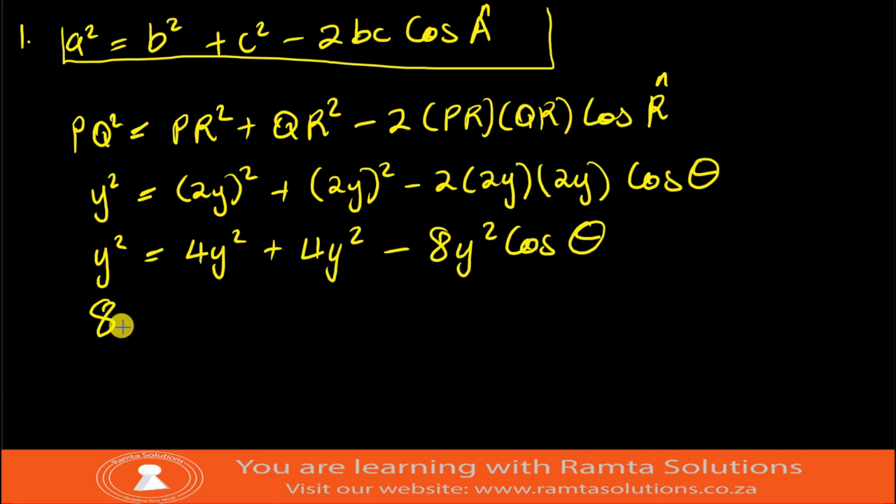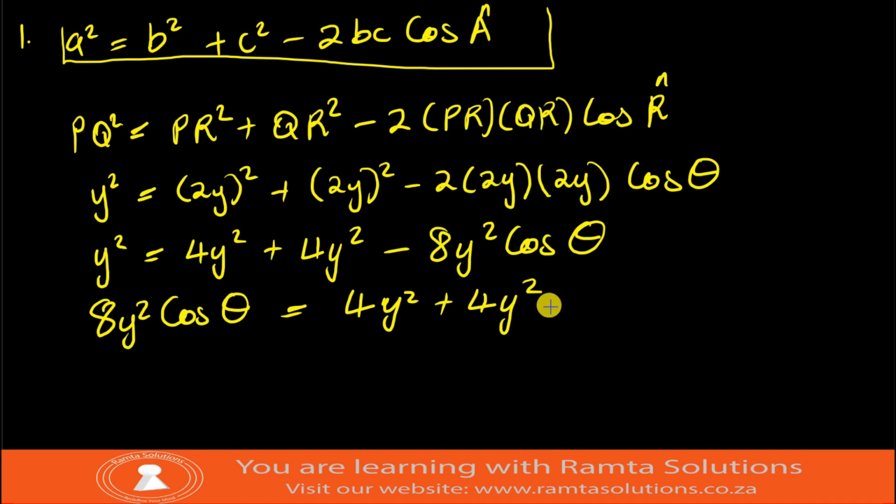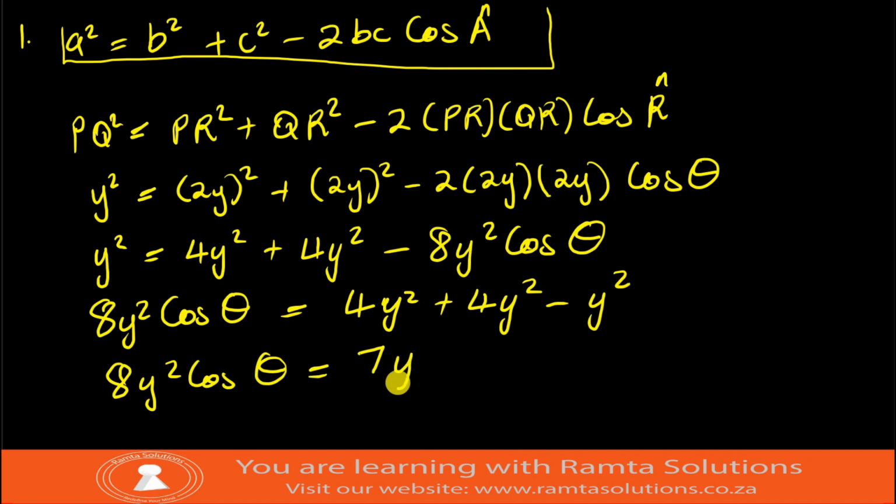Therefore, we have 8y squared cos theta equals 4y squared plus 4y squared minus y squared, which is 7y squared.